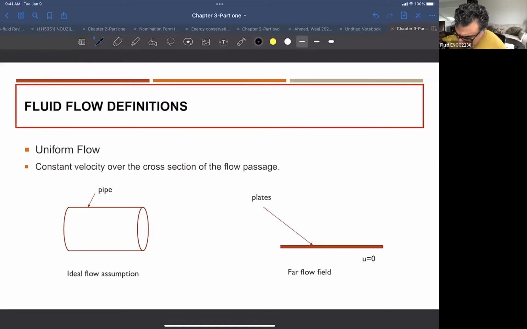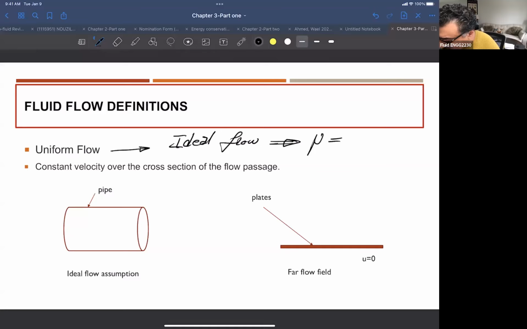Uniform flow is referring to an ideal flow, and ideal flow here indicates that the viscosity is 0. So ideal flow means it's an imaginary flow. Do we have a viscosity of 0 in any fluid in real life?